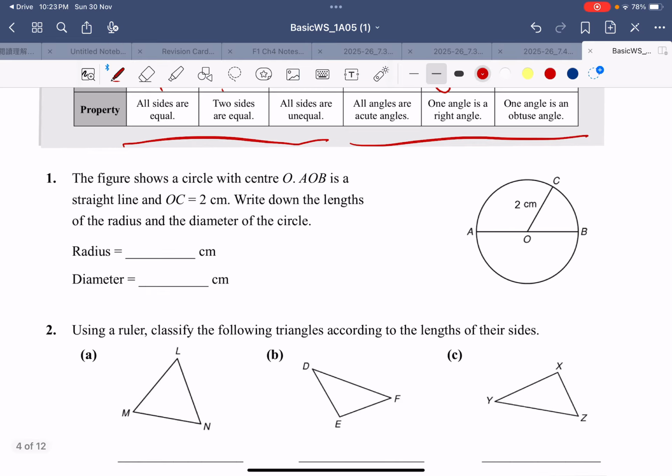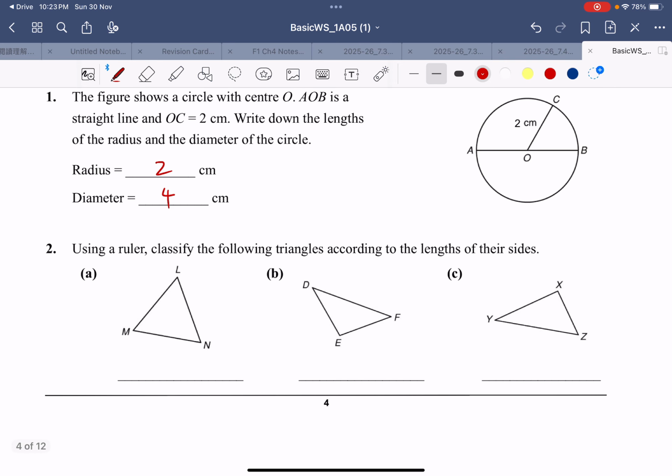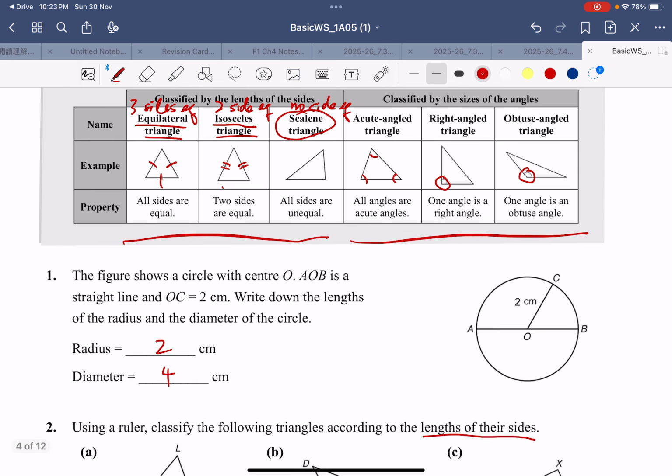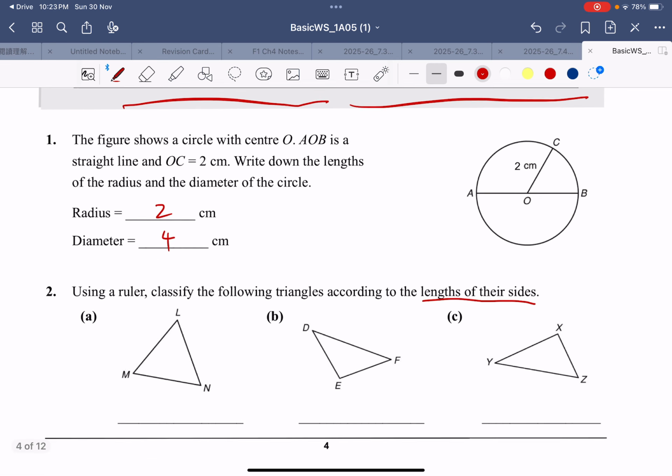Okay, so what is the radius of the circle? Quickly, we can write down 2 here, and the diameter, 4. Okay, so using a ruler, classify each of the following triangles according to the lengths of their sides. We have 3 names. This and this, three sides equal.